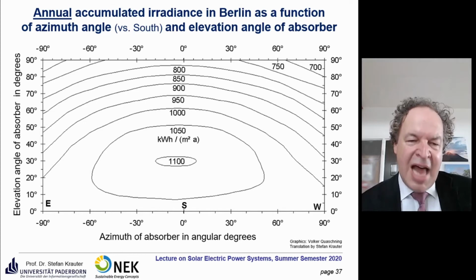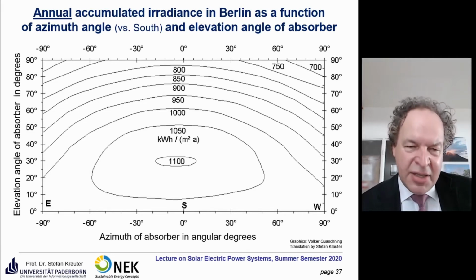If you incline the elevation angle of your receiver, collector or photovoltaic panel to about 30 degrees, you get the maximum, which is about 1,100 kilowatt hours per square meter per year. If you incline it more, it goes down, but not significantly.